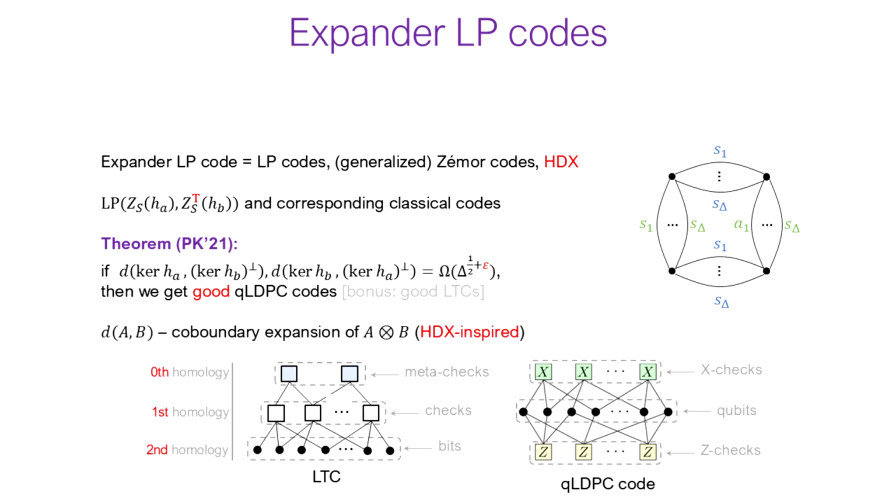Okay. In our paper we call this product expansion, and to understand why we define it, you need to understand high dimensional expanders, because this idea was directly inspired by high dimensional expanders.